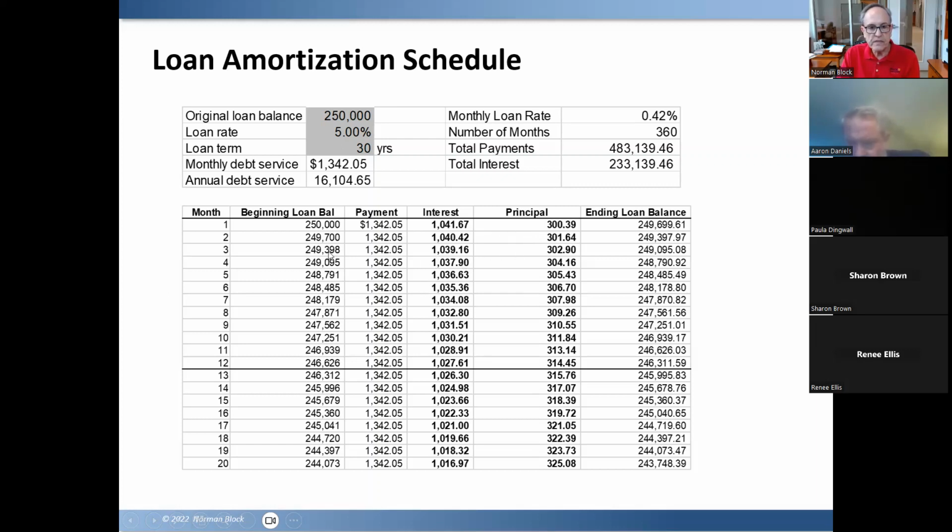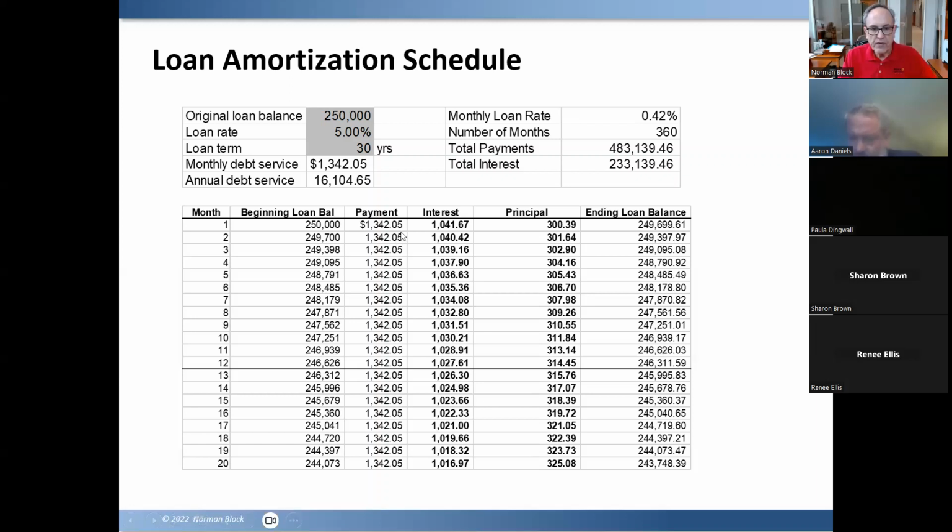And the reason is, if you look at this first payment, you start with the loan balance of $250,000. You make the required monthly payment. And of that, it takes $1,041.61 to pay the interest for the prior 30 days on that loan balance.